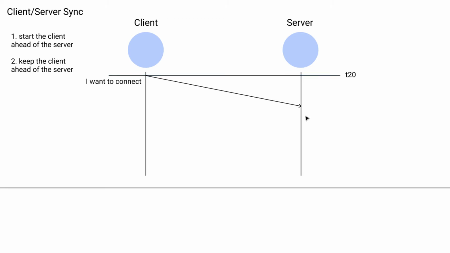All right, so the server receives that. Now the server is going to respond with a connection response. And what that connection response needs to contain, among other things, is the server's current simulation tick.